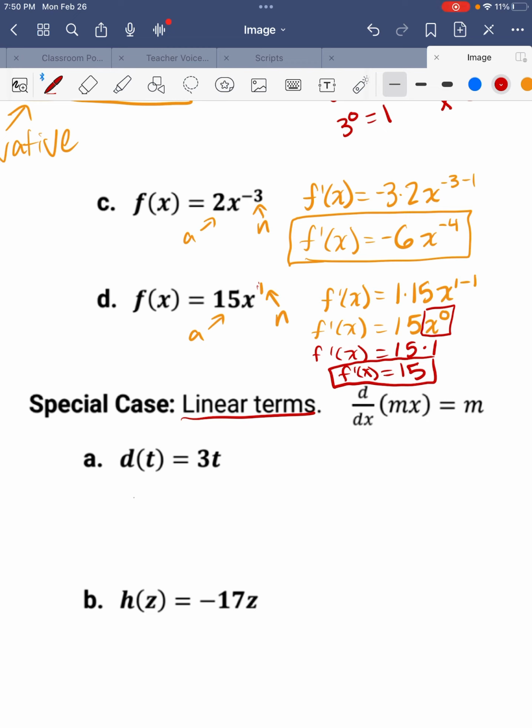If d of t equals 3t, remember there's a power of 1 here, so we can automatically know that the derivative is just going to be equal to 3. If h of z equals negative 17z, then h prime of z is just going to be negative 17. So whenever you've got that invisible exponent of 1, the derivative is just equal to the coefficient. It's just equal to the m.